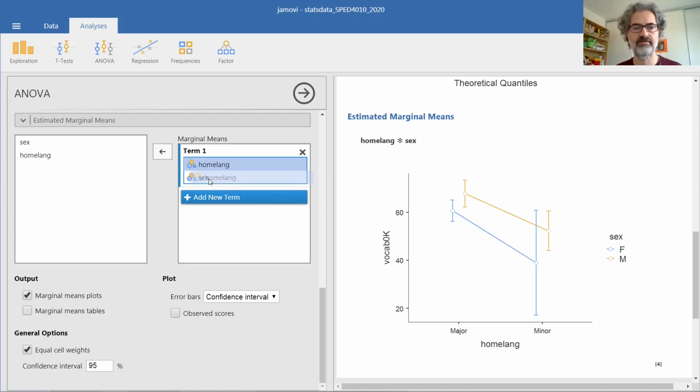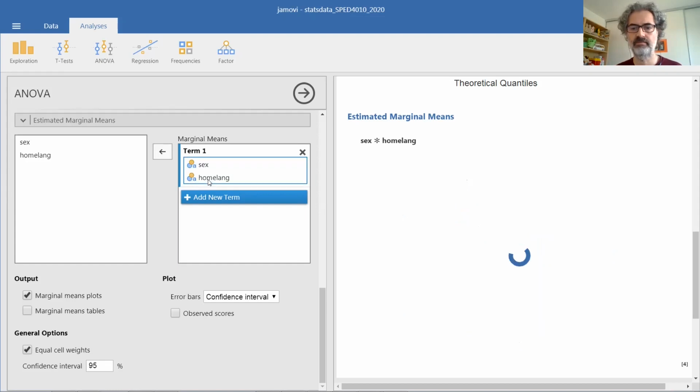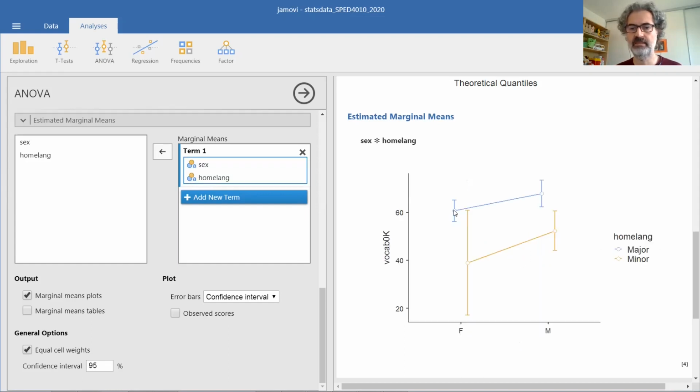Actually, the previous graph made this clearer. So we see that the line for the children who have the majority language as home language is completely above the line for children who have a minority language as their home language, which makes sense given that the receptive vocabulary was measured for the majority language.